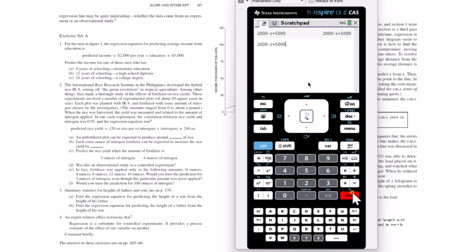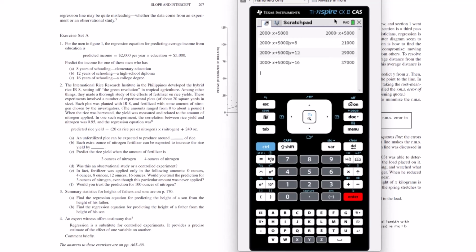Okay, so do this with x equal to 8, do this with x equal to 12, and with x equal to 16. 21,000, 29,000, 37,000.